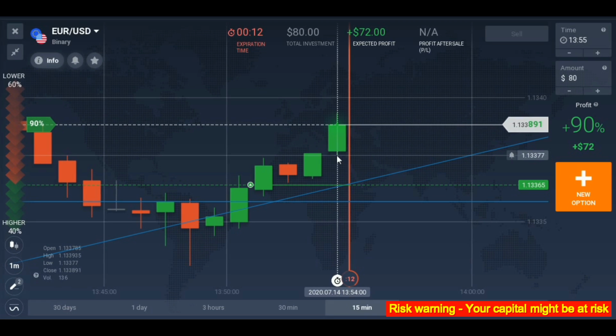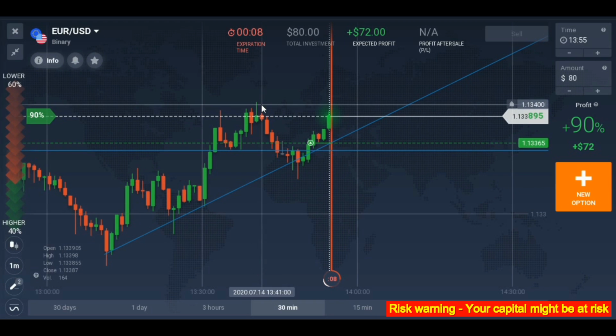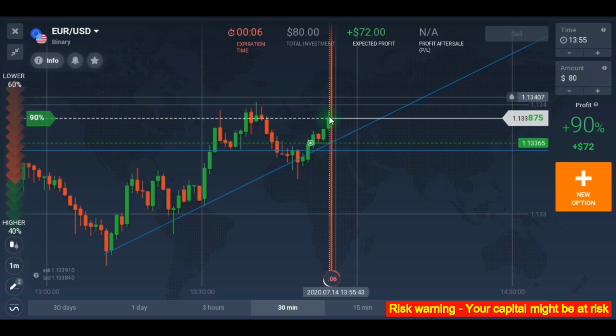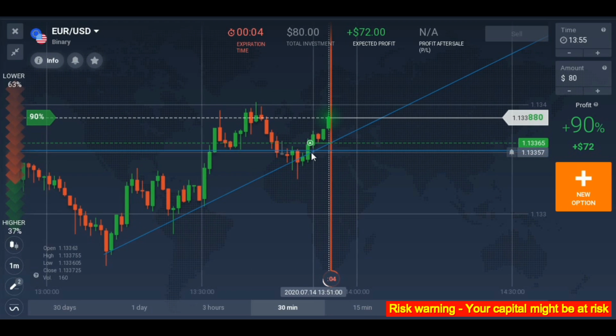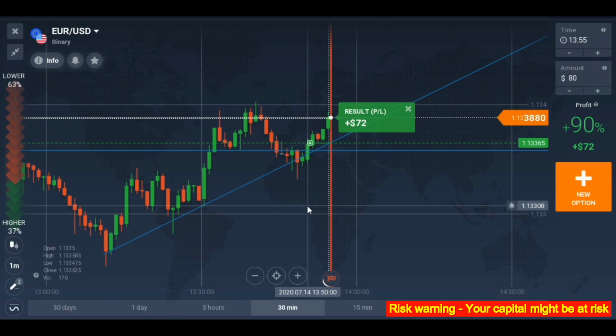The second thing, we will take reversals like this, the retracement reversal. You can see this was the retracement and this is the reversal. I call it retracement reversal because this is in the direction of the trend.